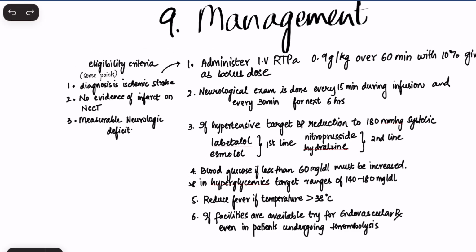Another thing we need to keep in mind is we need to first check if the patient qualifies for the RTPA therapy. Right. There is an exhaustive list of inclusion and exclusion criteria, but some of them, and that is the most important of the inclusion eligibility criteria, are the diagnosis is an ischemic stroke, because let us say it's a hemorrhagic stroke and you give a thrombolytic, you are breaking the clot that might have formed to stop the excess leak of blood, thereby worsening the situation.